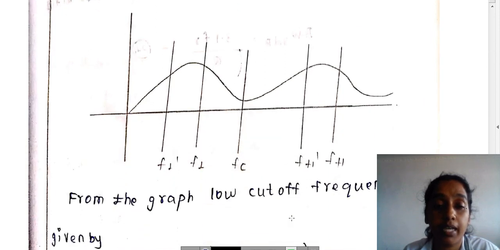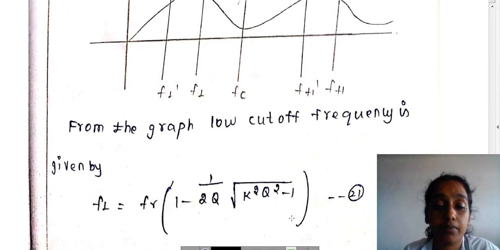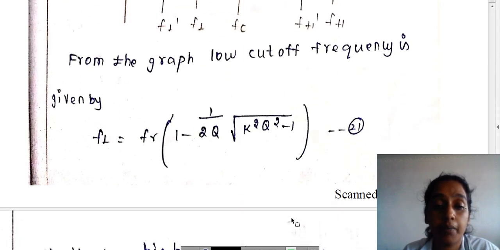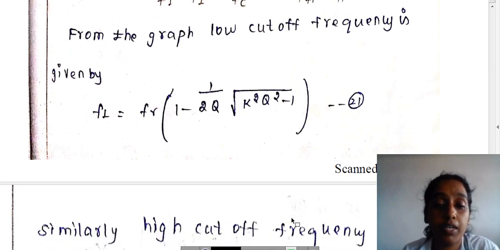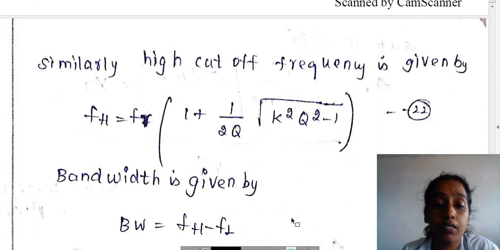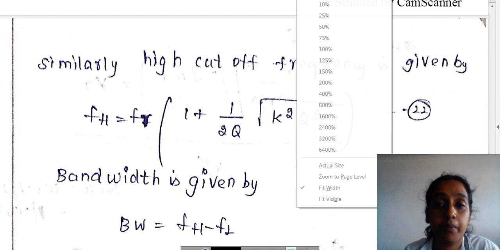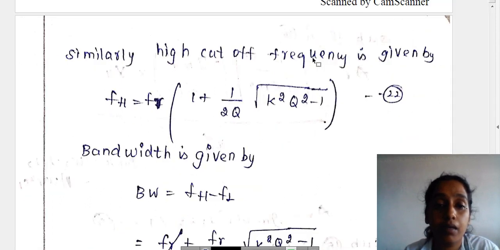Now we are going to calculate the bandwidth. In general, the lower cutoff frequency is Fr into 1 minus 1 by 2Q into root of k square Q square minus 1. Similarly, the higher cutoff frequency is given by Fh equal to Fr into 1 plus 1 by 2Q into root of k square Q square minus 1.